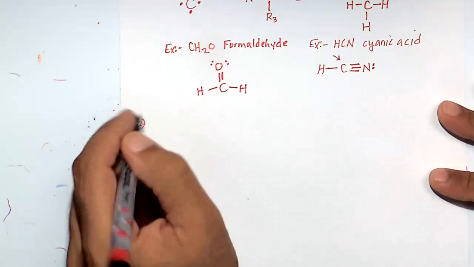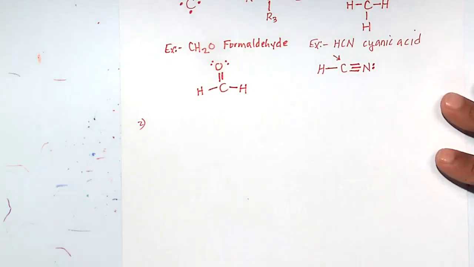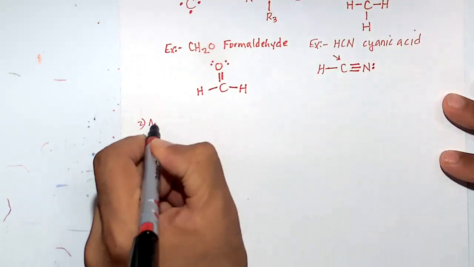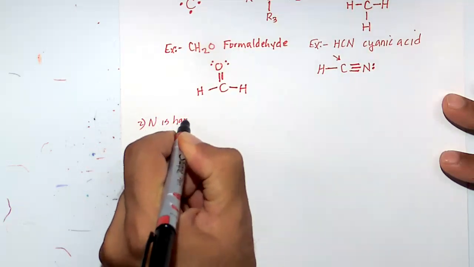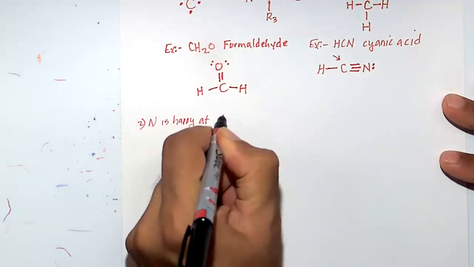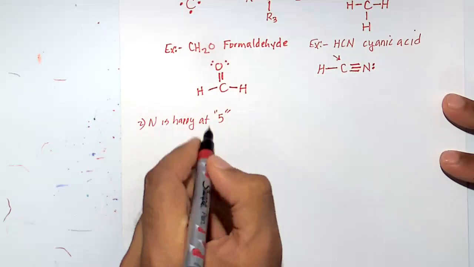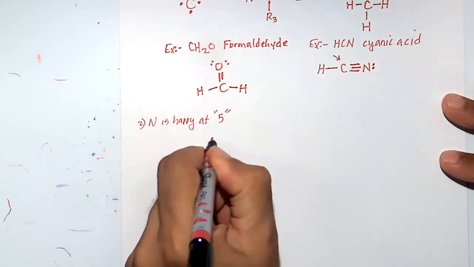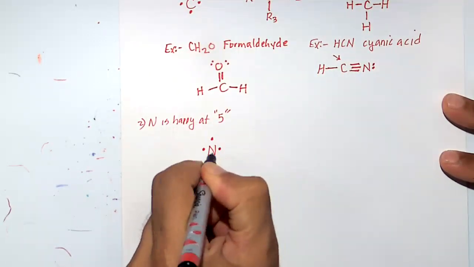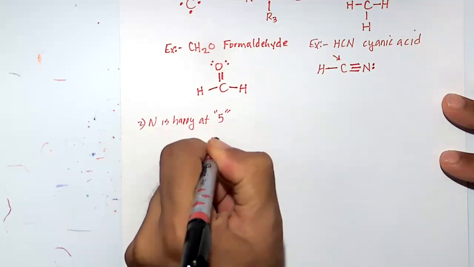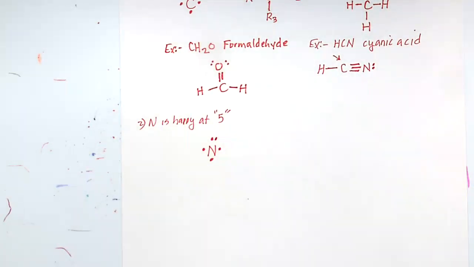Next on our list of rules is nitrogen. Nitrogen is happy at 5. Here's how we'll do nitrogen: 1, 2, 3, 4, and then 5. Here we have what's called a lone pair.